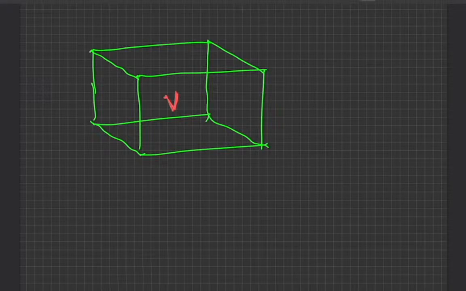The volume of a cuboid is, let's say this is the length, this is your height, and this is the breadth.